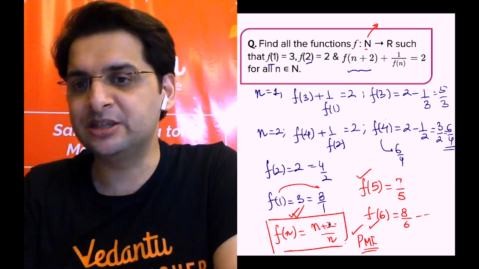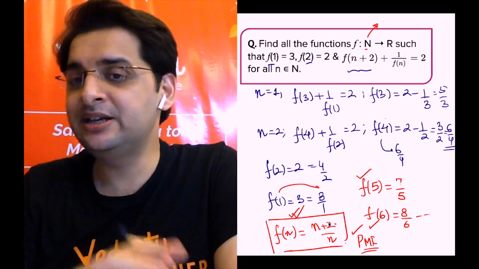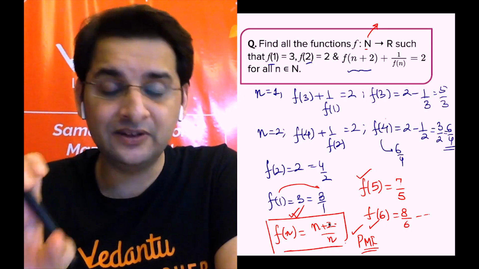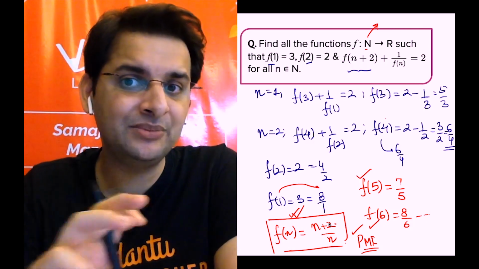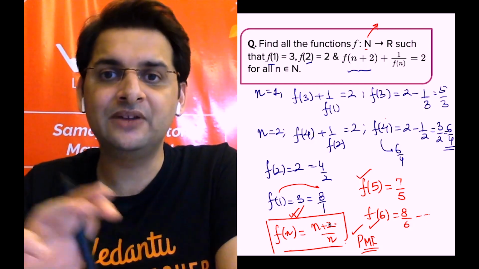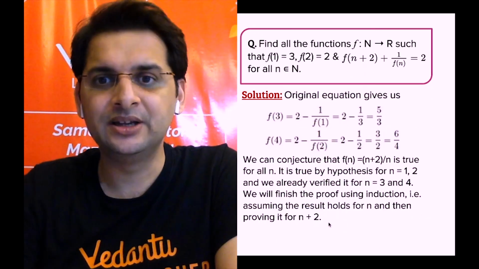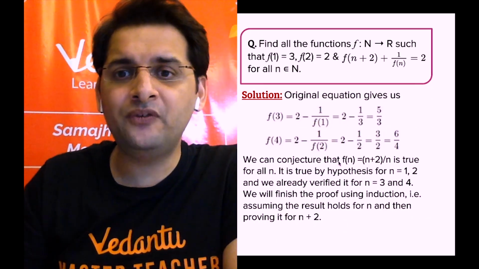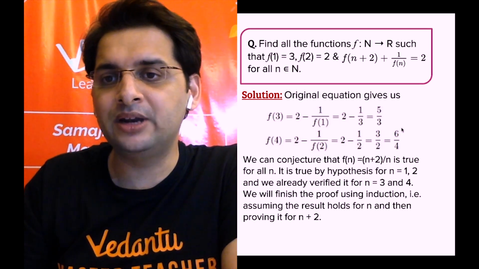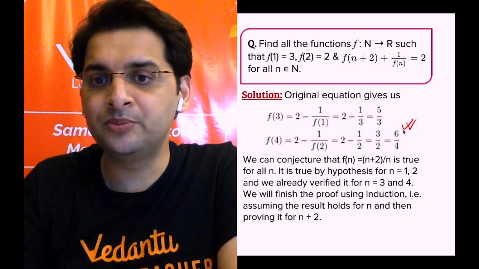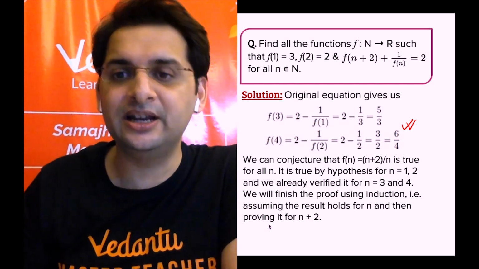So what is the principle of mathematical induction? We manually check for n equal to 1 or 2 or 3 or 4. We assume that it is true for some natural number, say k, and we prove this formula for k+1. Okay, so f(n) is equal to (n+2)/n. This is the claim, and how do we prove this? We finish the proof by using induction.